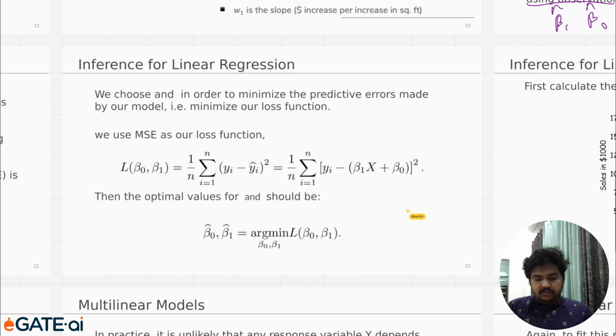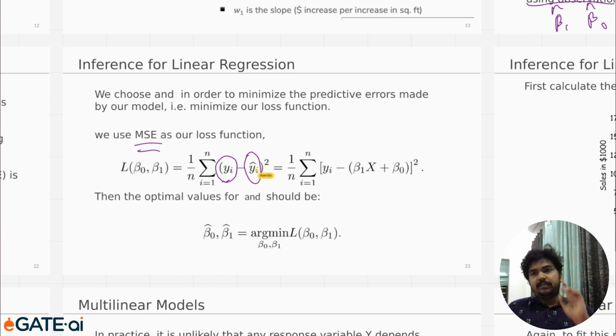So we choose this loss in order to minimize the predictive errors made by our model, that is to minimize our loss function. So we use MSE as our loss function, which we have mentioned, with the true or the observed outcome in the training set and the predicted outcome.